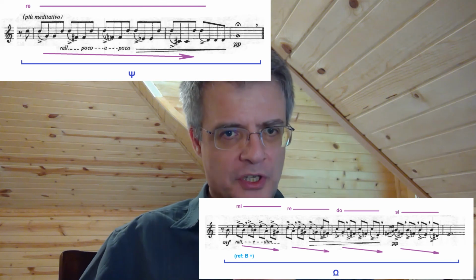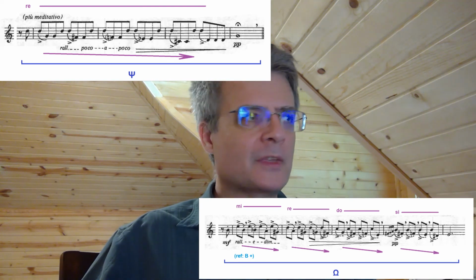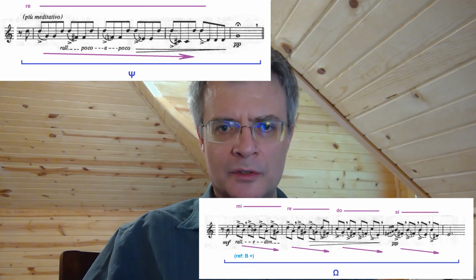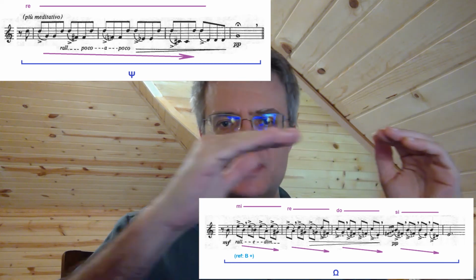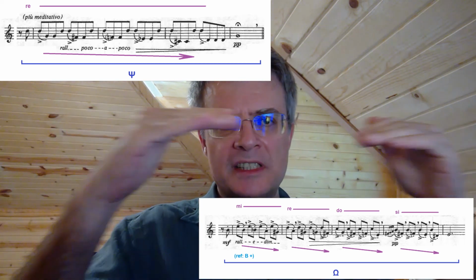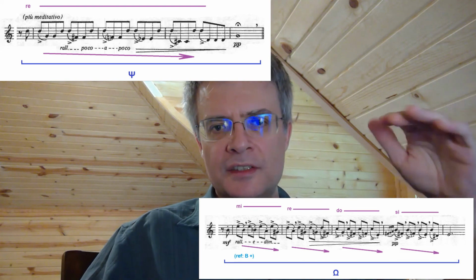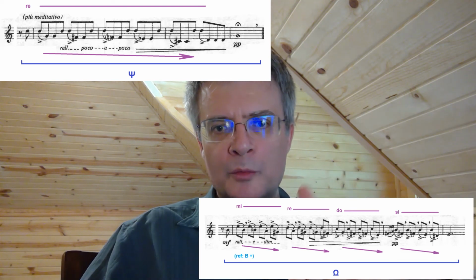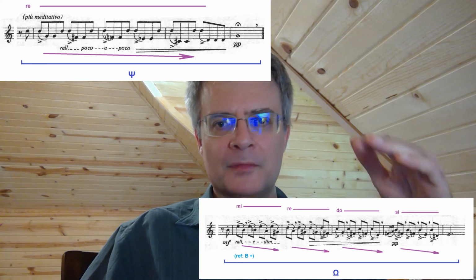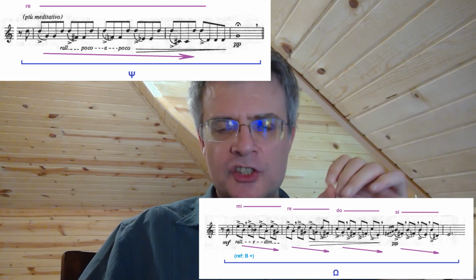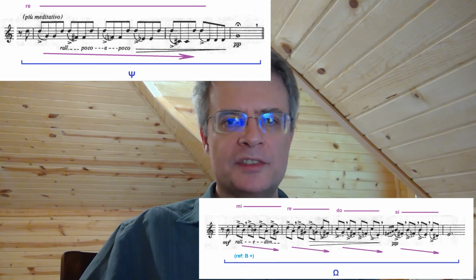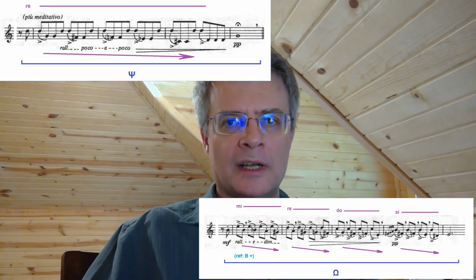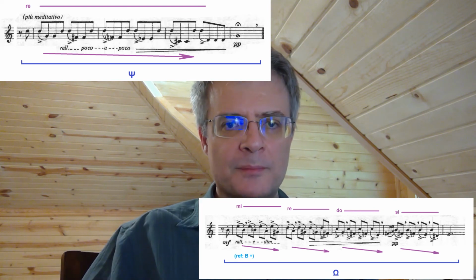And we have that 4 times, right? I'll put omega now on the screen as well so that you can compare. And then in psi, we have just the D, a steady D, and this lower voice moving almost to another D. And then it has E flat, C sharp, D, and then it resolves into C. So there seems to be a correlation in the design of these motifs.